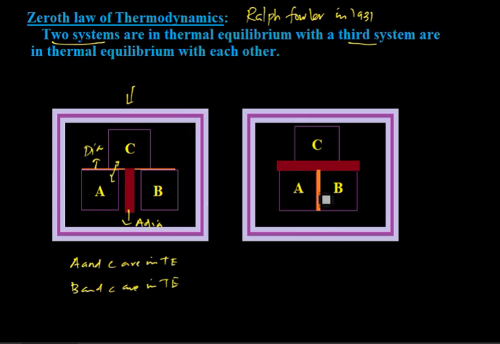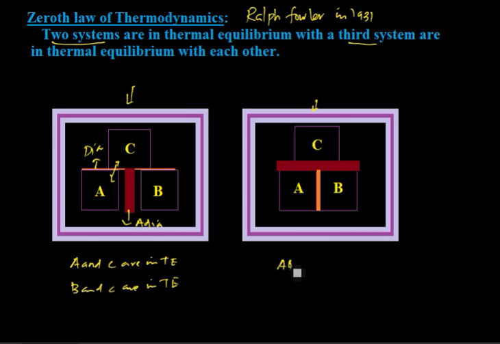Now if you consider this one, here you can see that the system C is separated from A by an adiabatic wall, and C is separated from B by again an adiabatic wall, and A and B are separated by a diathermic wall.